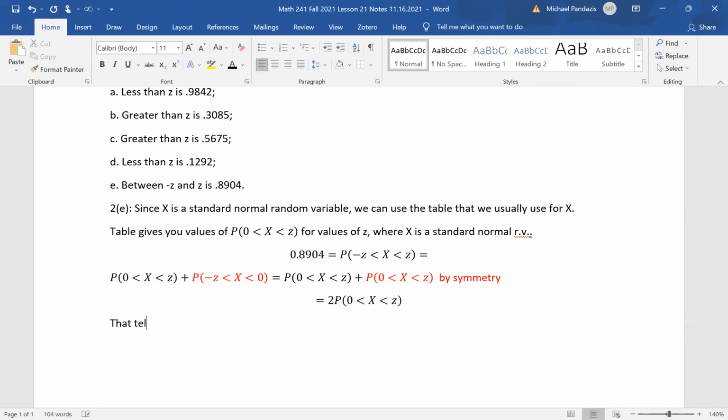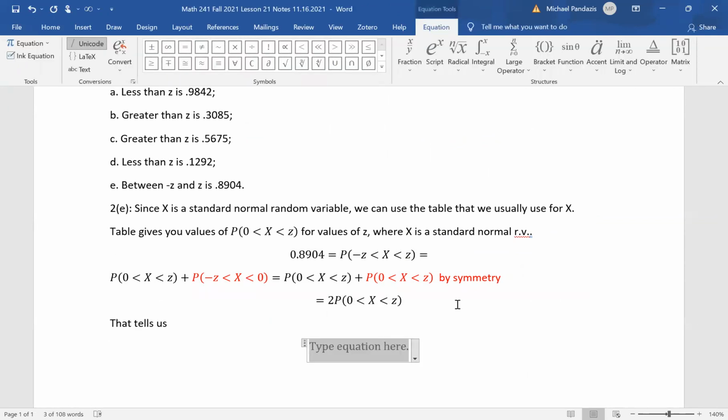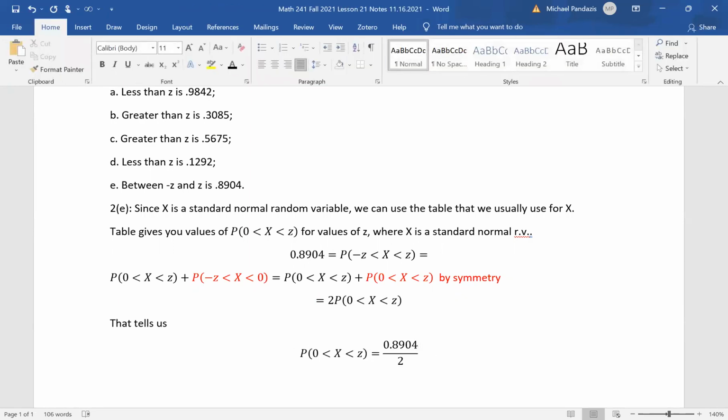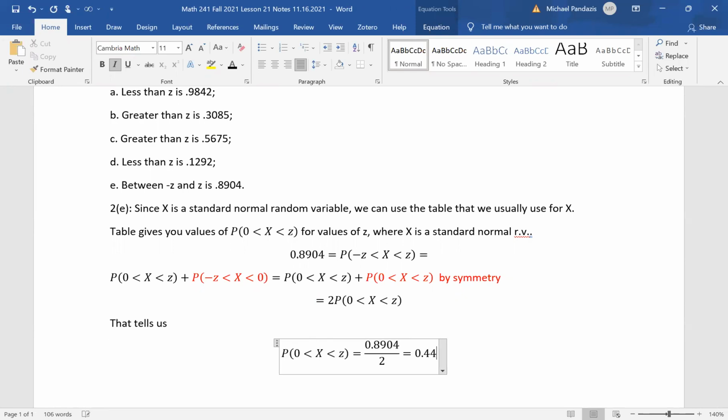Solving algebraically, like this is a variable, this probability is equal to 0.8904 divided by 2. And so you just divide that by 2 and you get 0.4452.